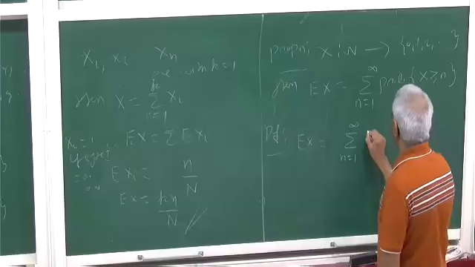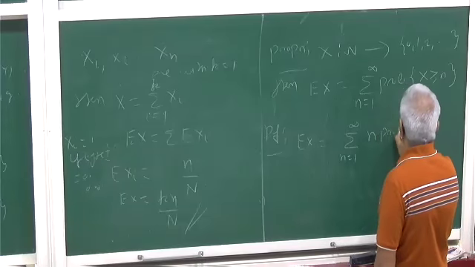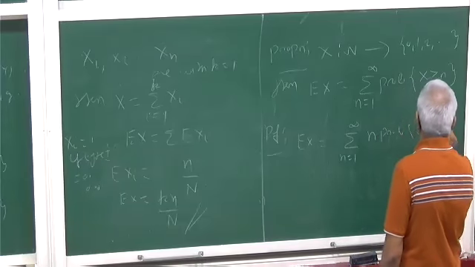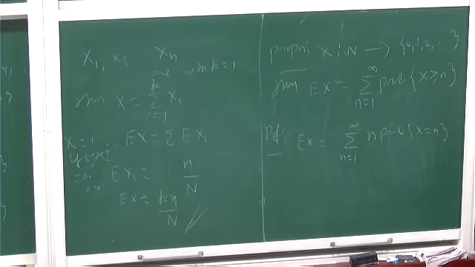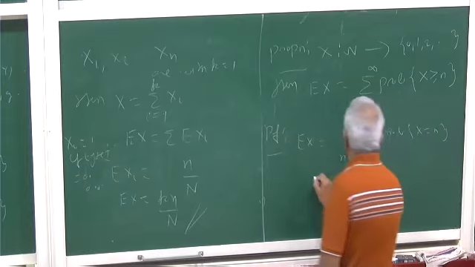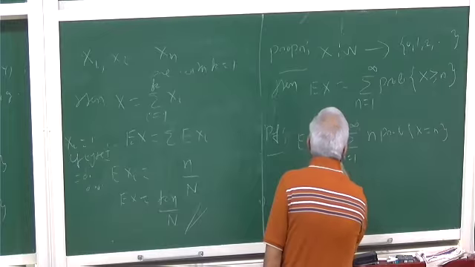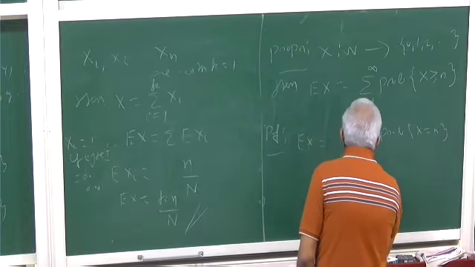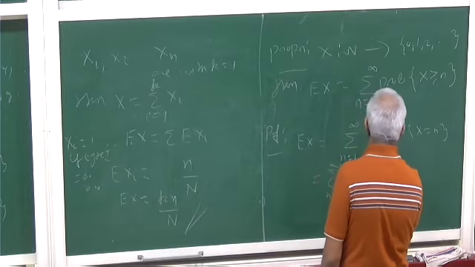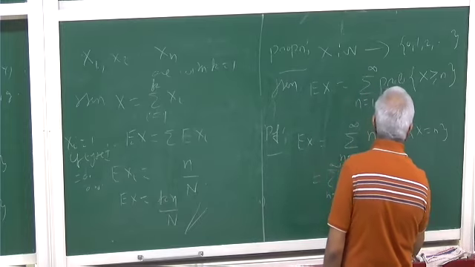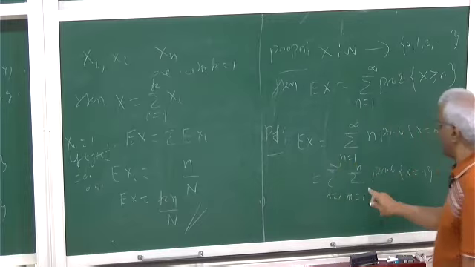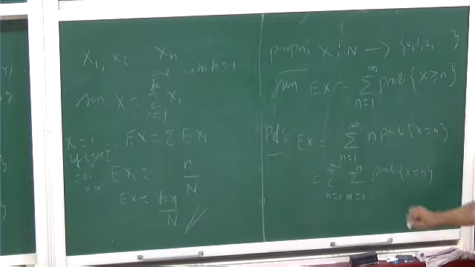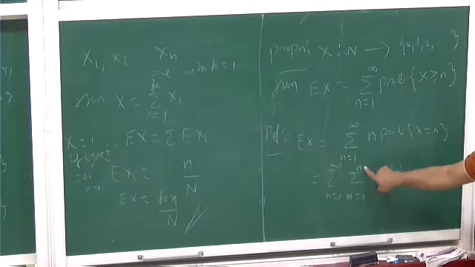This is equal to the summation n equal to 1 to infinity, summation m equal to 1 to n, of the probability of X equal to n. I mean, you just sum the same term n times.